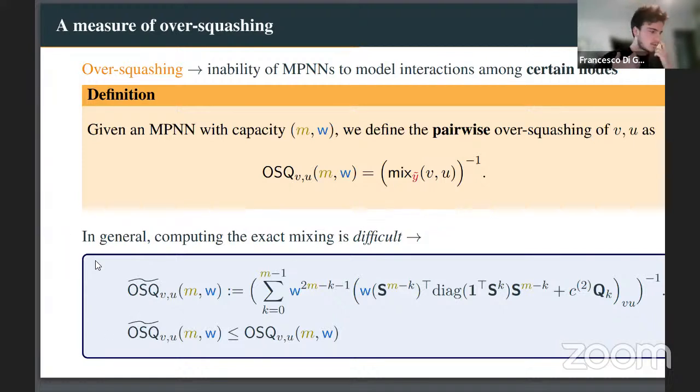So in practice, what we will be doing in the following, and what we did in our work, is deriving lower bounds for this oversquashing tilde, which will ultimately lead to a lower bound of the oversquashing measure.